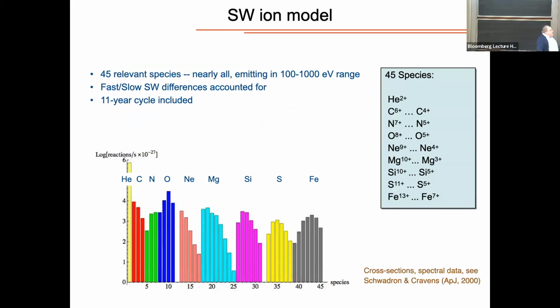For this particular project, we were interested in the energy range of X-rays between 0.1 and 1 keV. So we basically chose to consider all relevant charged species, practically all.